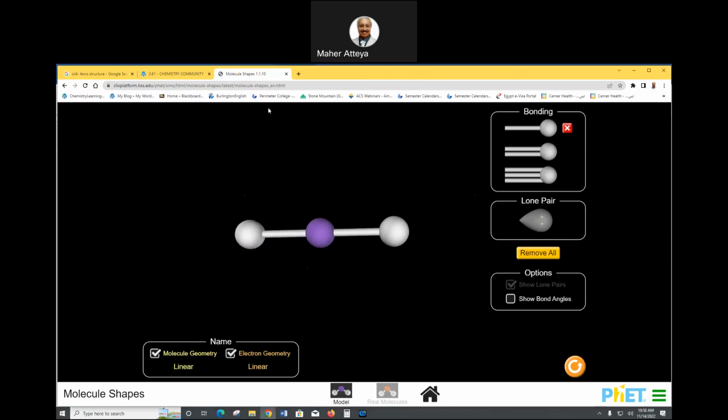If I have, for example, carbon and here's hydrogen and here's hydrogen, is this polar? The answer is not polar. Why? This compound is called symmetrical. Symmetrical means they are the same, in opposite directions but the same. So symmetrical molecules are non-polar.